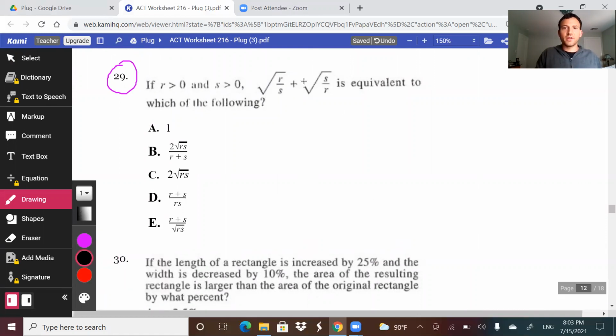So they have this expression and they want to know which one it's equivalent to. Well, I'll make R 4. I'll make S equal 2. So what we have here is the square root of 2, because 4 divided by 2 is 2, plus the square root of a half.